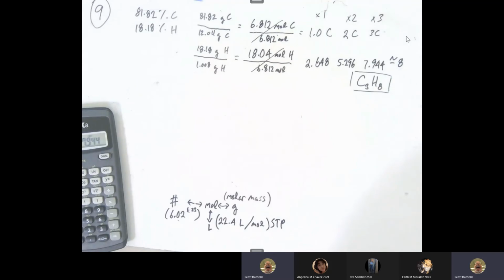Problem 10 is the same kind of problem, except instead of one substance, it involves two substances. And the two substances are products of a chemical reaction. The two substances are going to be carbon dioxide and water. And so, since the products are carbon dioxide and water, we actually know what kind of reaction it is.